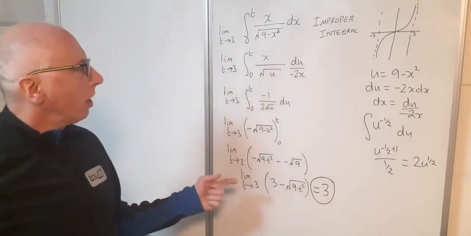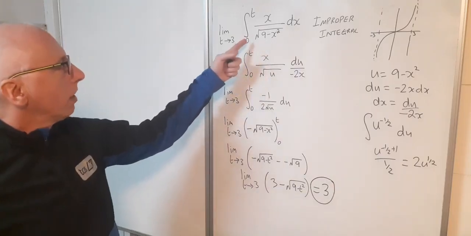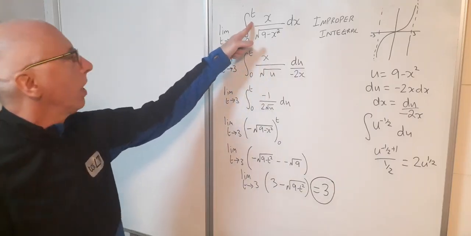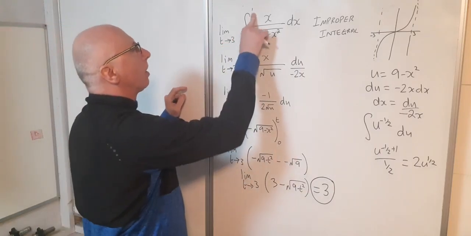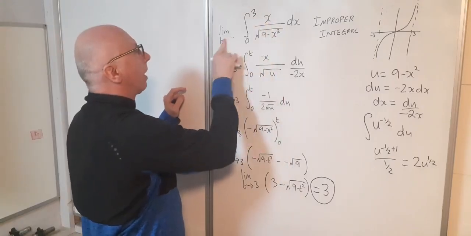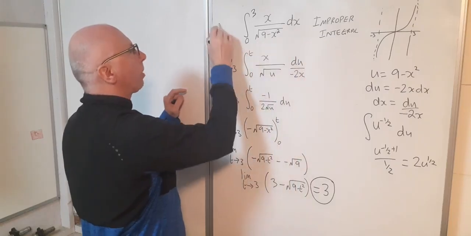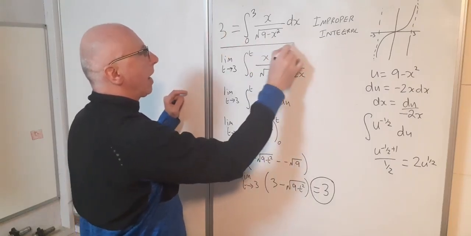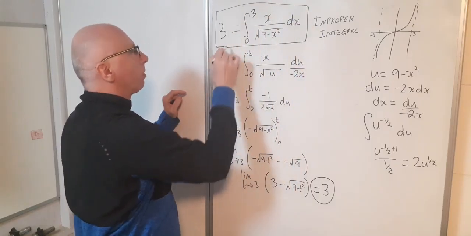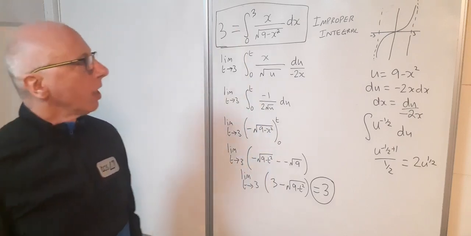So then the result of this integral from 0 to 3, if I change that back to a 3 and get rid of this limit, that was our original question, this will equal 3. And that would be our answer to our improper integral.